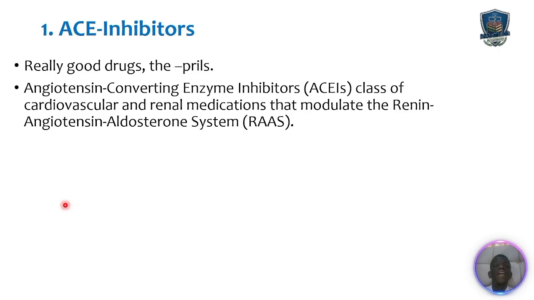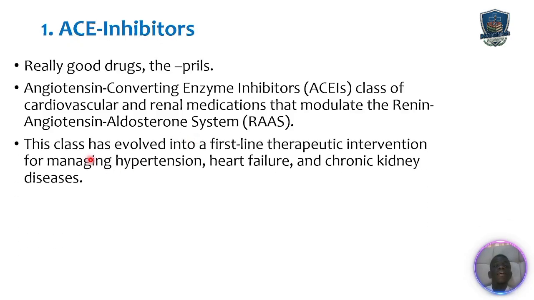Angiotensin converting enzyme inhibitors are a class of cardiovascular and renal medications that modulate the renin-angiotensin-aldosterone system. This class has evolved into a first-line therapeutic intervention for managing hypertension, heart failure, and CKD. As I told you guys, it's important to understand how angiotensin II impacts our filtration process. So they also play a crucial role in CKD management.